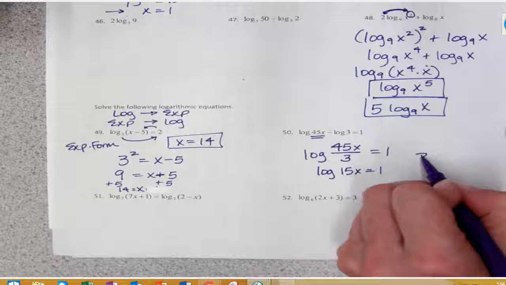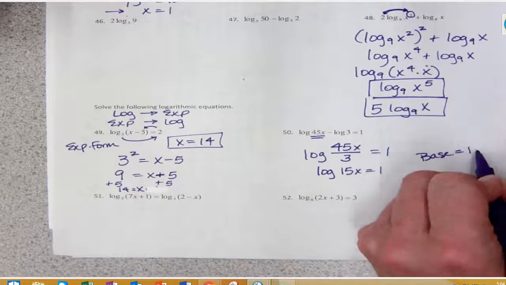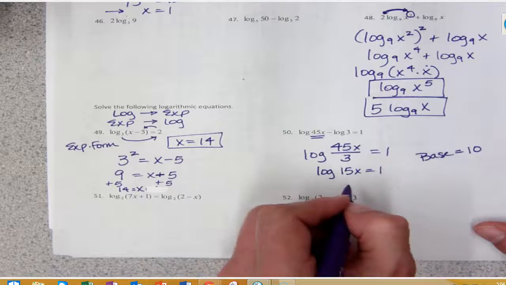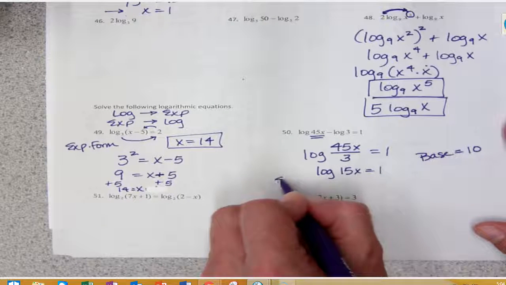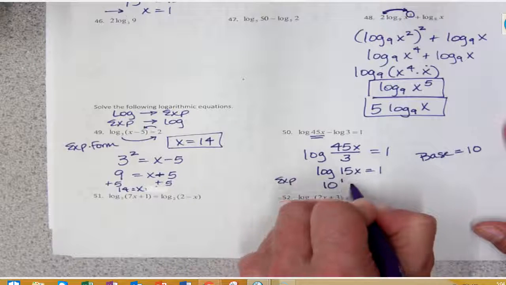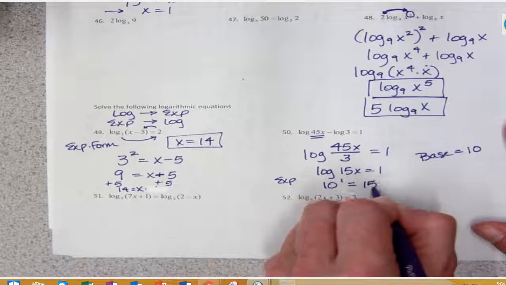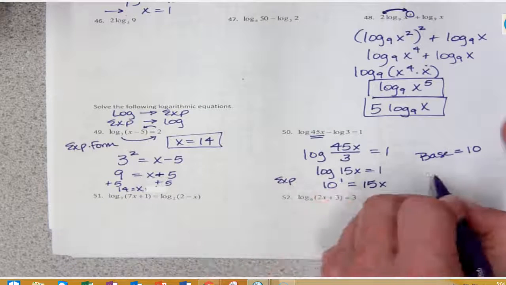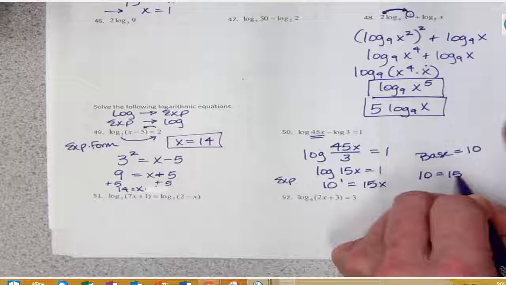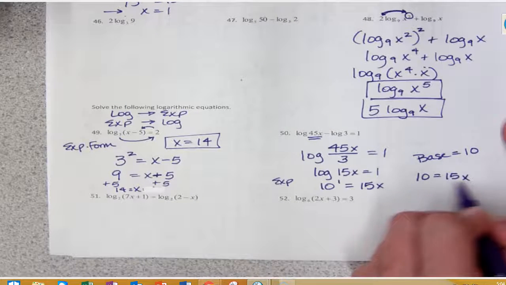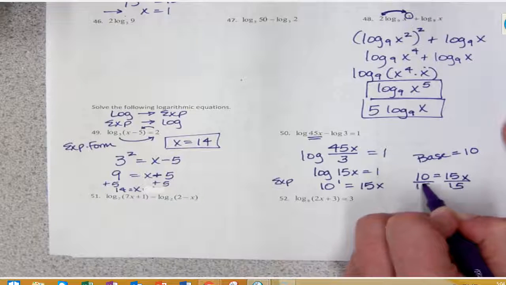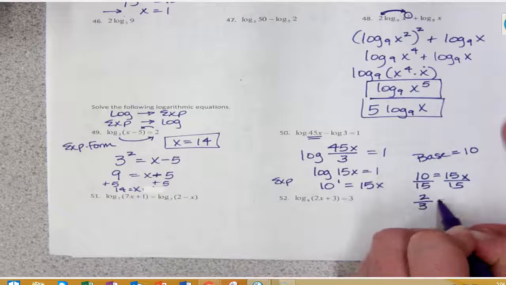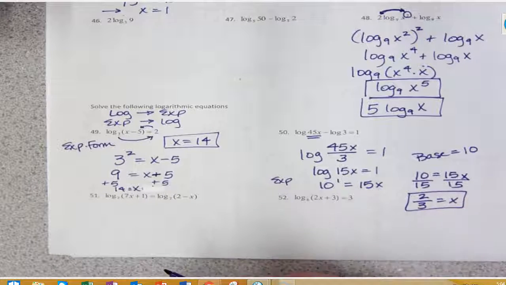We know that our base is 10 because there's no number there. So if we put it in exponential form, it's going to be 10 to 1 equals 15x. 10 to the 1 power is 10 equals 15x, and then divide by 15 to solve for x. Get clever, you guys. Use your math skills to figure this stuff out. Okay?